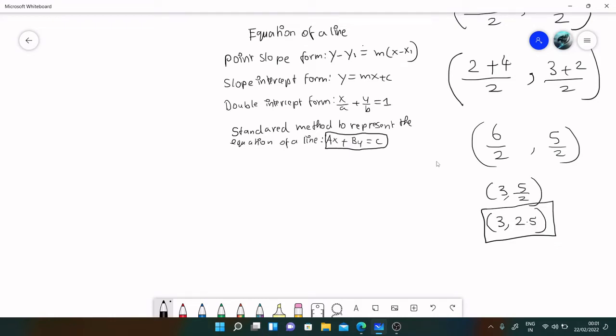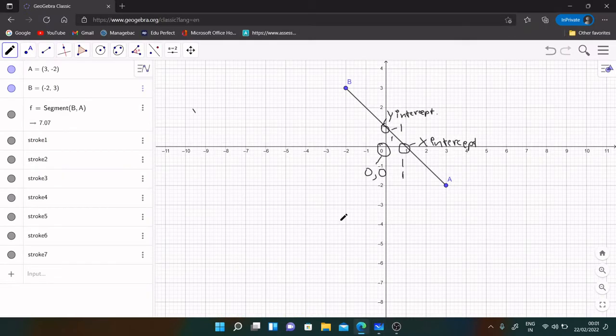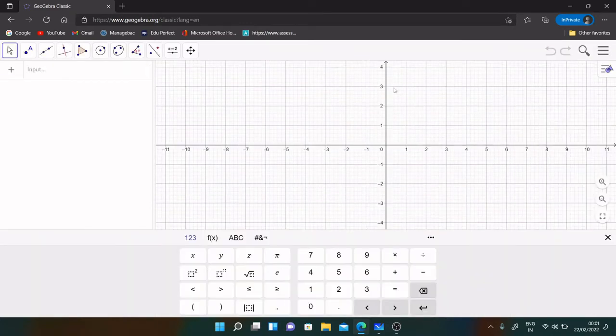Let us try to understand what the equation of a line is in more depth. First, let's start with this question. What do you think will be the equation of the line of the y-axis? You see the y-axis, the straight one.